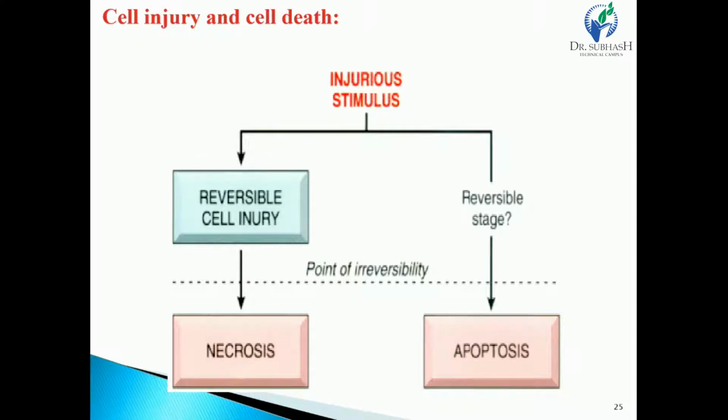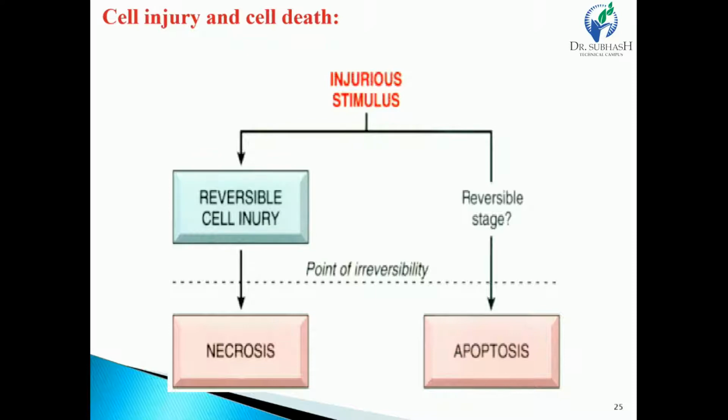How? Because if the stress is too much, or its extent is too much, the severe injury is termed irreversible cell injury. So on the basis of the injurious stimulus, it can be divided into reversible cell injury and irreversible cell injury.